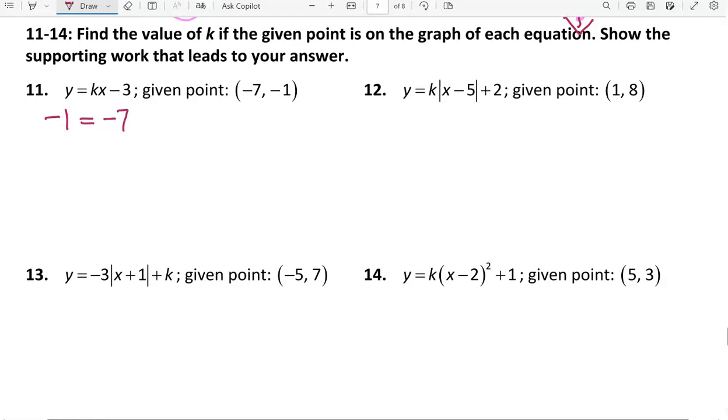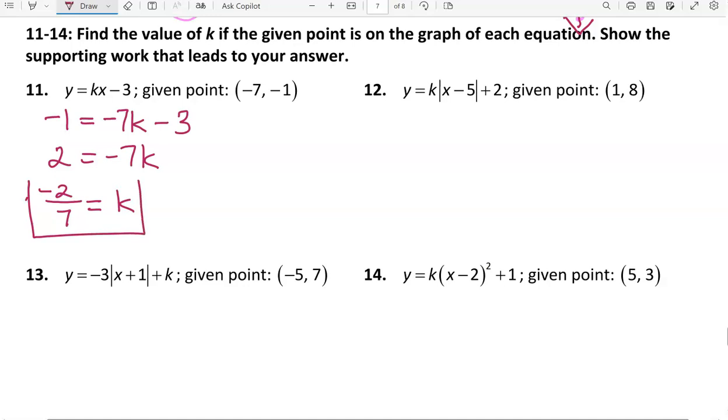So if I replace the x with -7, now I have -7 times k minus 3. Now let's add 3 to both sides, and we get 2 is equal to -7k. And lastly, dividing by -7, a positive divided by a negative is a negative, so k is equal to -2/7.